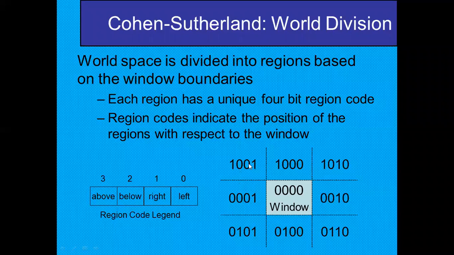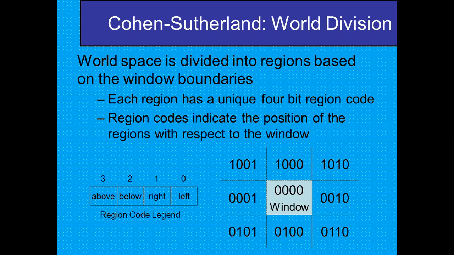Okay, and now these are the 9 regions. This image space Cohen-Sutherland divided into 9 regions, and after that he started to draw the different line segments. Accordingly, he decides which portion of the line is lying completely inside the window, completely outside the window, or partially inside or outside the window.